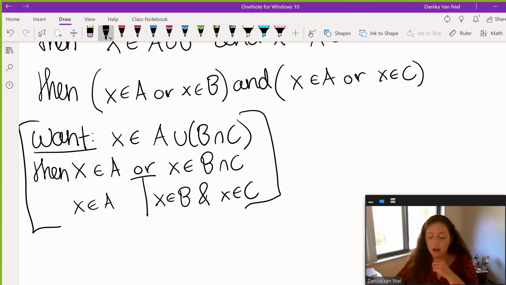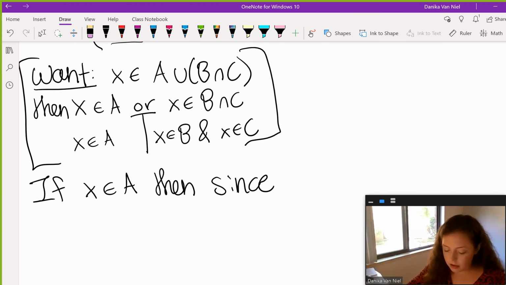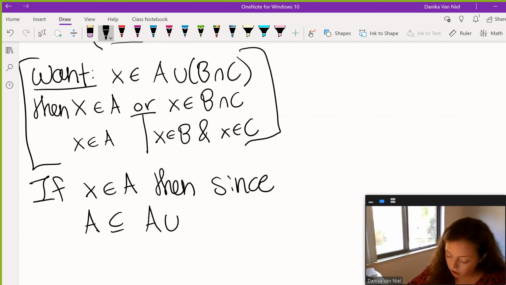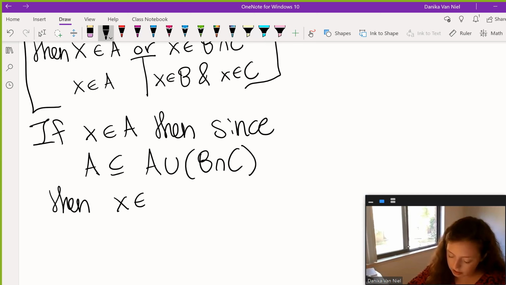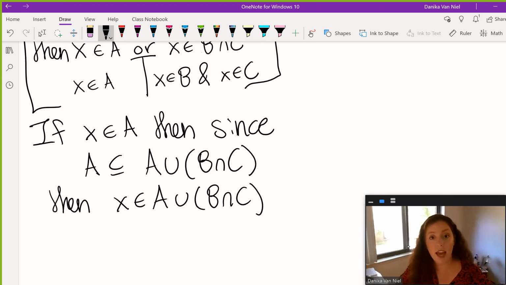So let's start out with, if X is in A, then boom, we already have what we want. So if X is in A, then since A is a subset of A union B intersect C, then X is an element in A union B intersect C. Cool. So if X is in A, then we're all set.